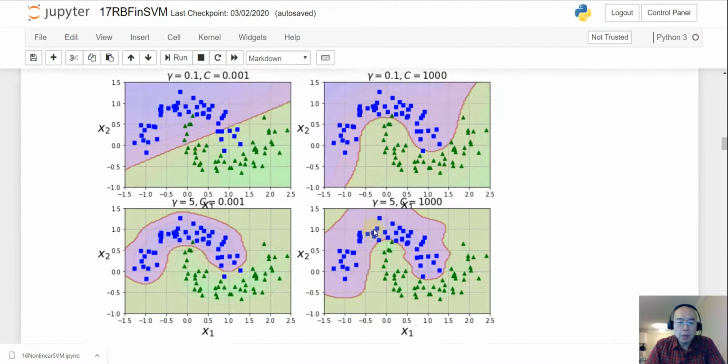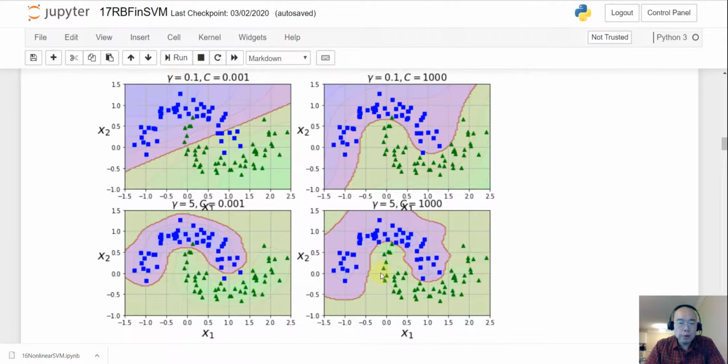And how about the lower right one? For the lower right one, it doesn't make too much sense to me either, even though it is a good classification, and I really hate this part. For this corner, why is it classified to be green? It doesn't make any sense to me.